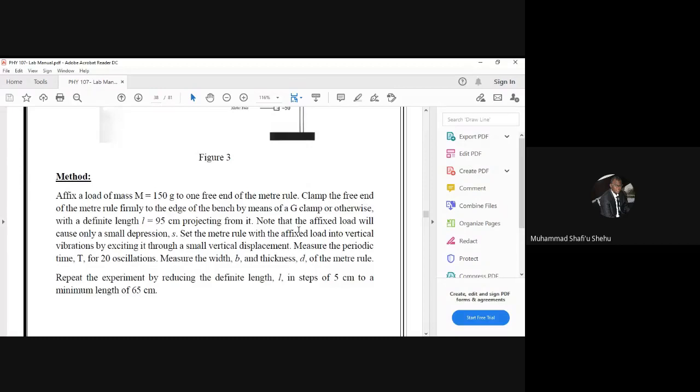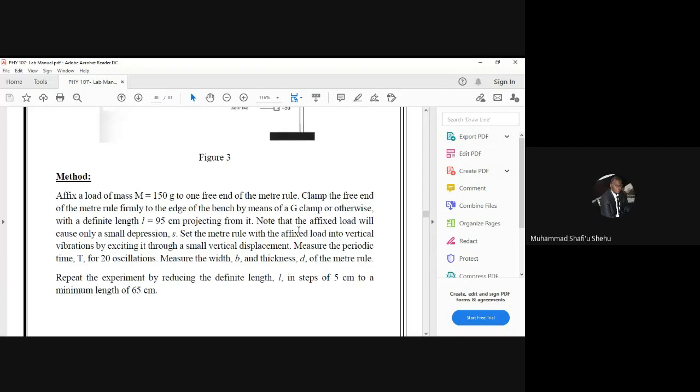That means we're going to remove at least 5 cm from the length of our meter rule by attaching it at 5 centimeter. So if you attach it at 5 centimeter, the part that is going to be displaced is going to be 95 cm. Do you understand? Yes, sir.